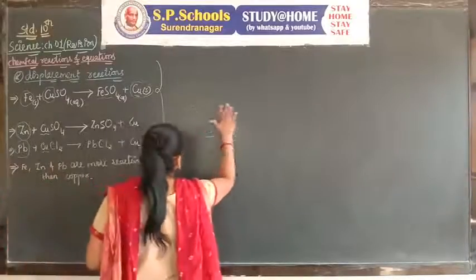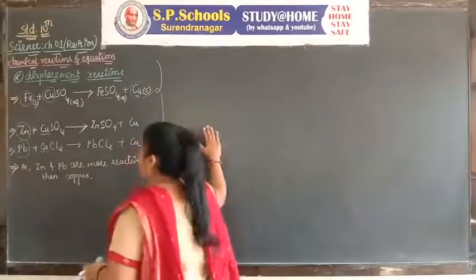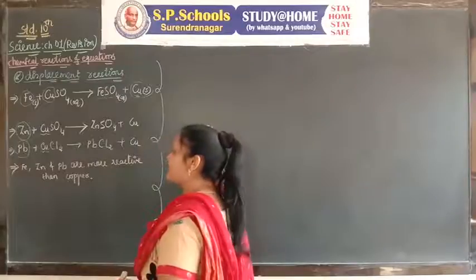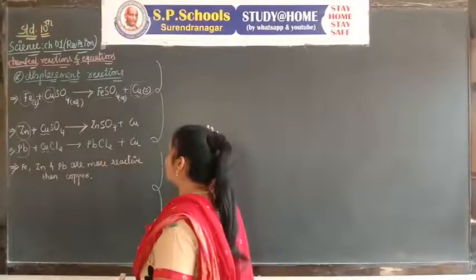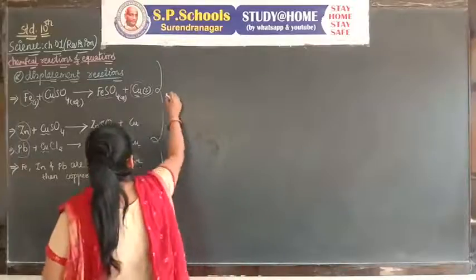We can see it easily. If the exchange of one ion is called displacement reaction, then the exchange of two ions is called double displacement reaction. Let's write it with an example.